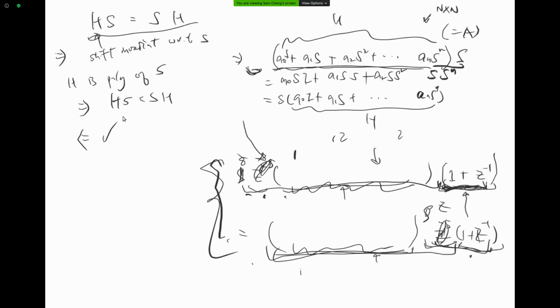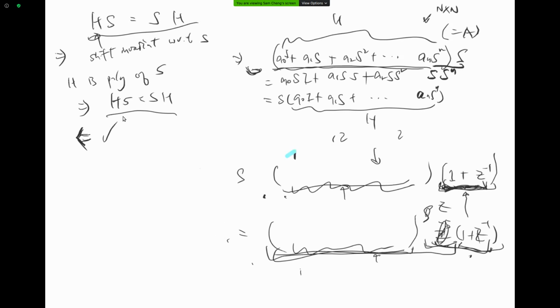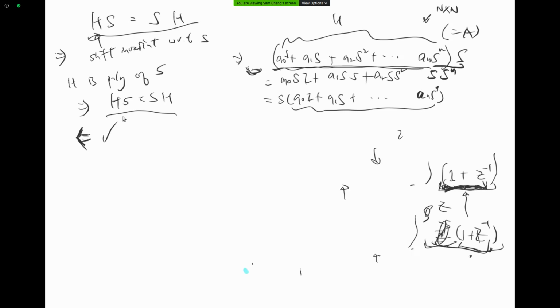I will need some conditions for this reverse direction to be satisfied. It's not the case that as long as HS is equal to SH, or as long as H is shift invariant, then automatically I can write it as a polynomial of S. So maybe I will talk about that sometime in the future, but not extend too much today. It's just a remark here.